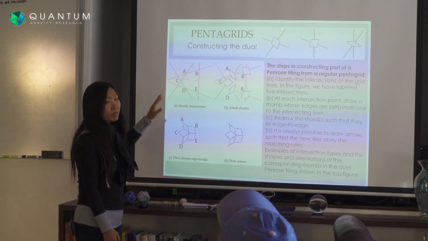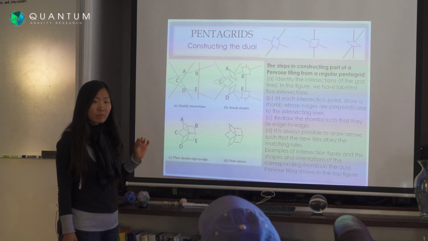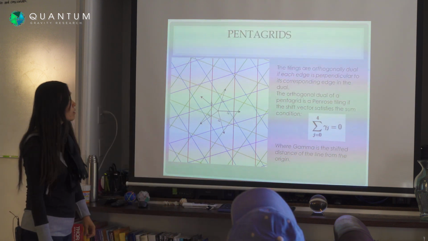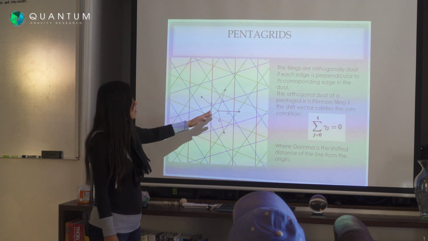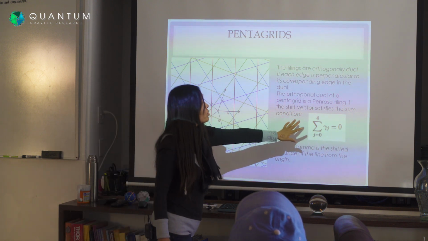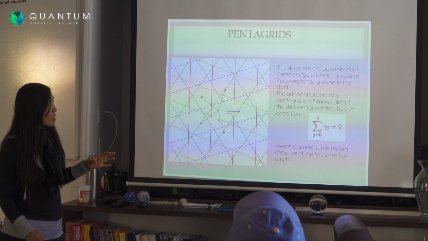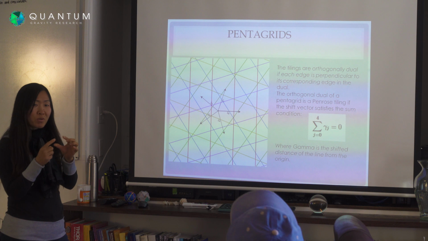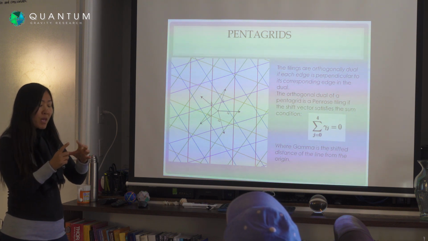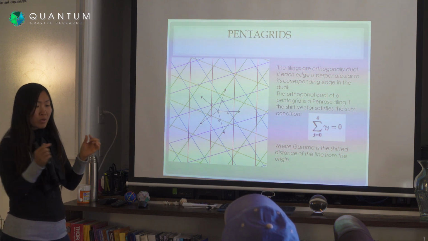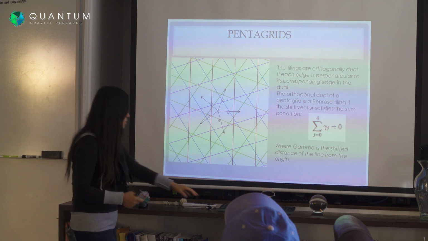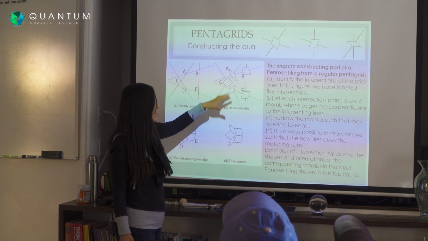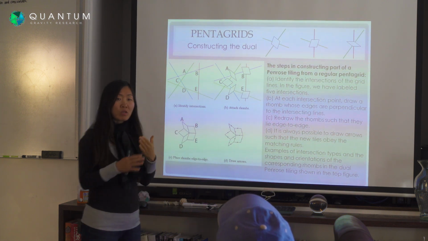Fang, I didn't understand that last sentence where you add them to 0 and then it becomes the Penrose tiling. No, it's not that it becomes; if they sum up to be 0, then it will be the Penrose tiling. With the Penrose tiling, you can have many different tiles with the same type of tiles, like the fat and the thin rhomb. Remember, there is a generalized Penrose tiling.